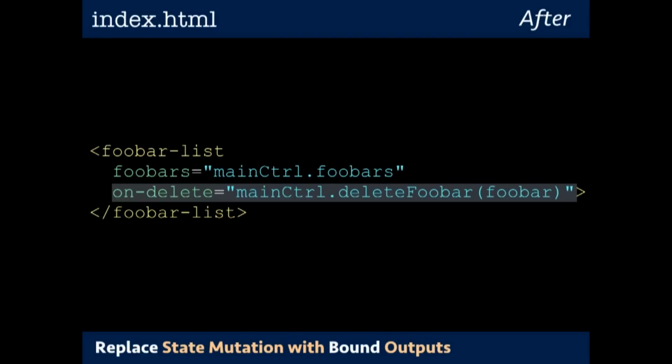And from the point of view of foo-bar list now, the collection could be immutable. So if you want to use some immutable data structures, this is the kind of architecture you need to have, because these components can't change things when something happens. They need to notify someone else to do that change.